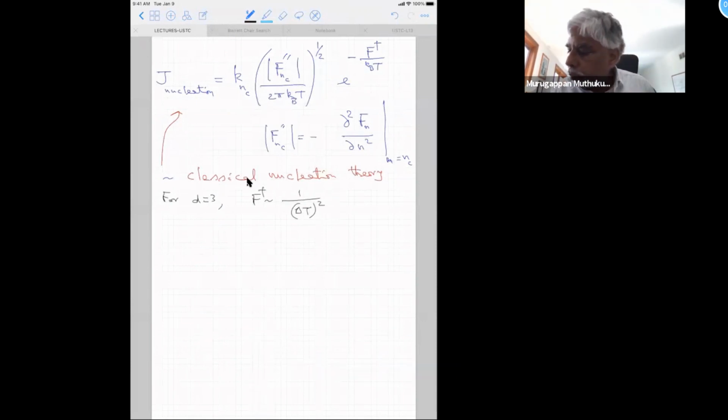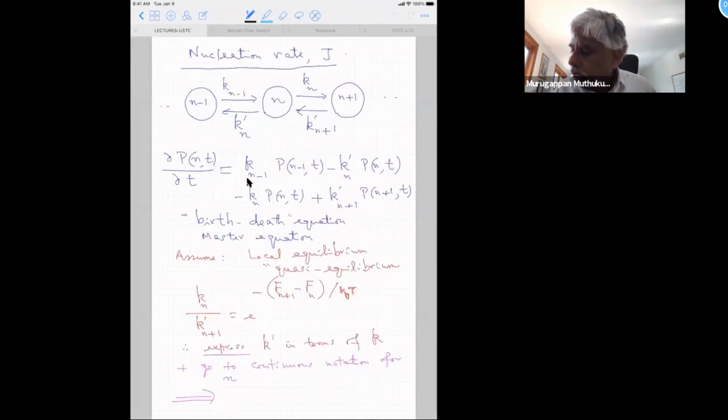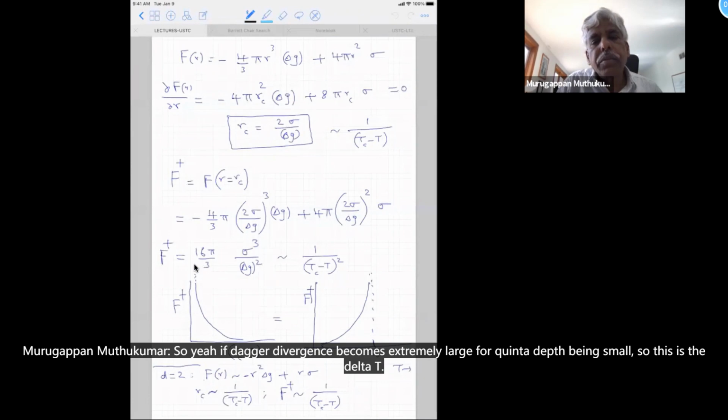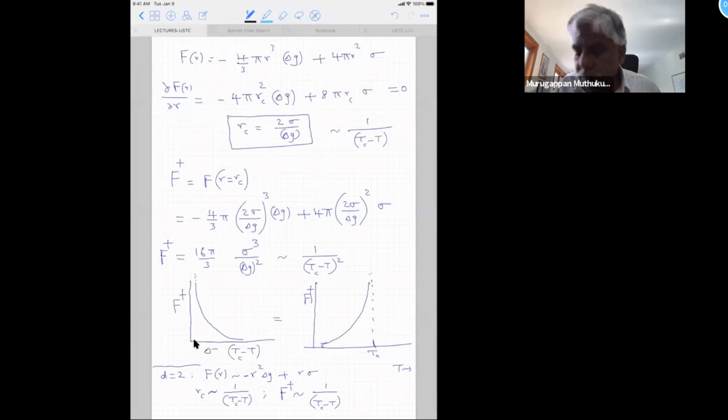In fact, I purposely plotted here how F dagger goes like this. So your F dagger diverges, becomes extremely large for quench depth being small. So this is delta T for quench depth being small.